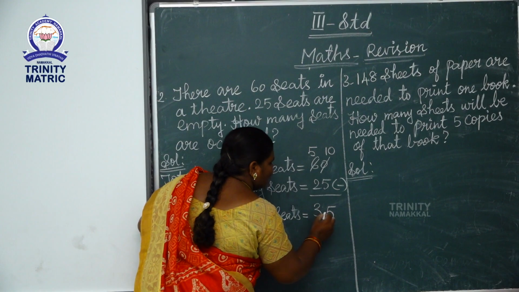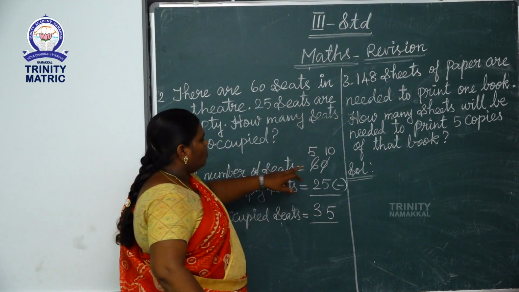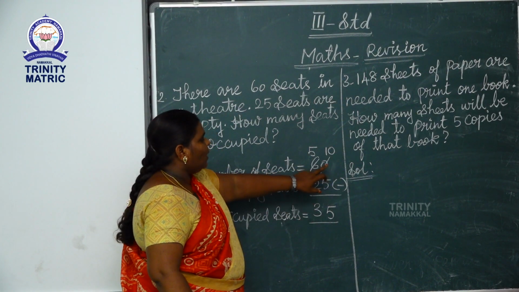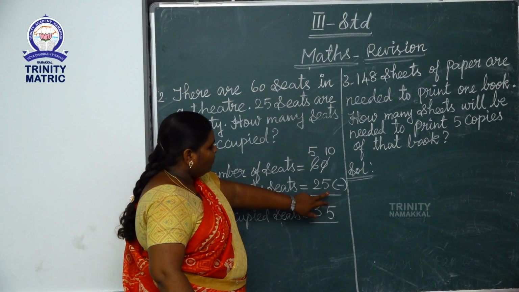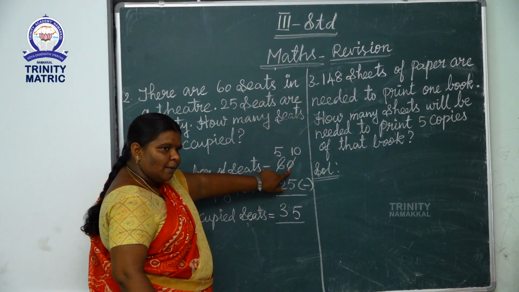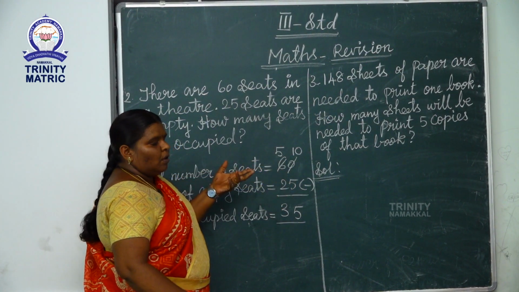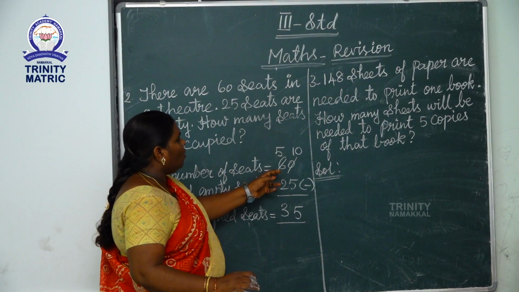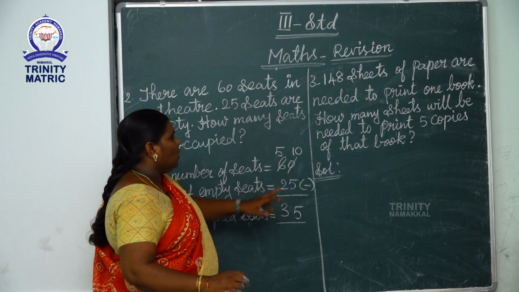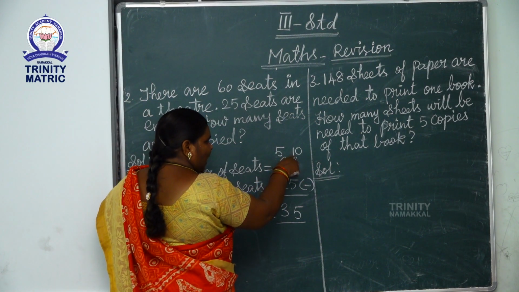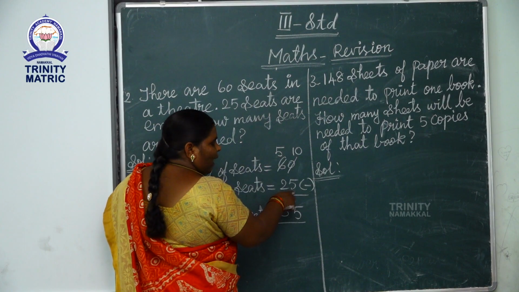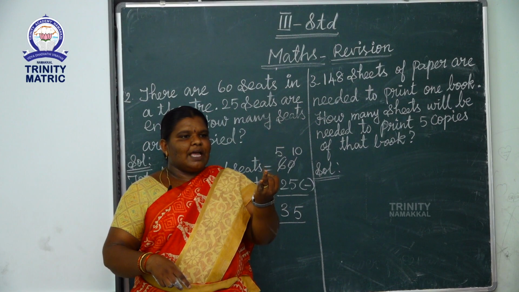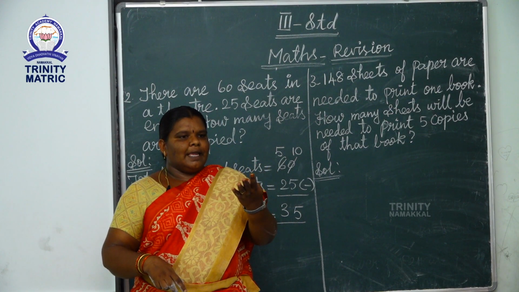So you write 3. I say again, you subtract 60 minus 25. First in the ones place, 0 and 5. 0 is the small number, 5 is the big number. So you cannot subtract normally. So you borrow 1 ten from the tens place. So you have 10 here. The down number is 5. You say 5 after 6, 7, 8, 9, 10.